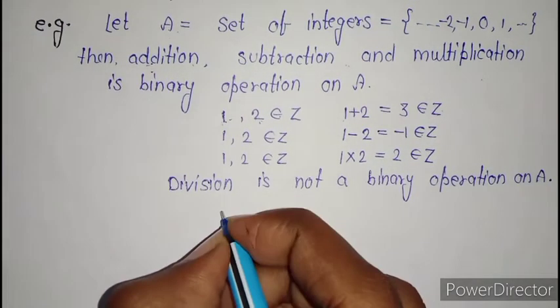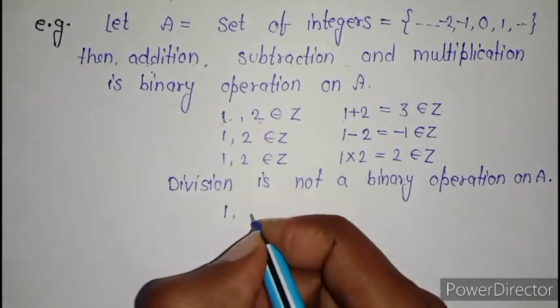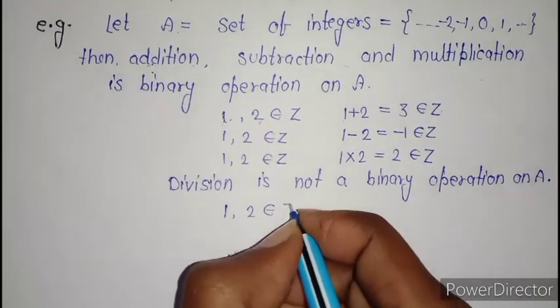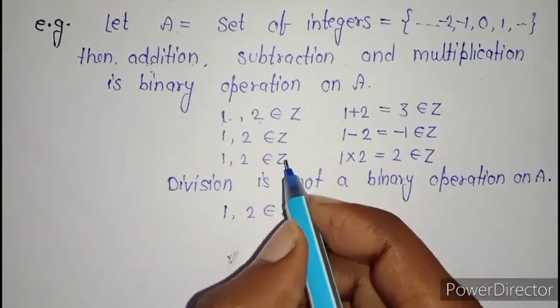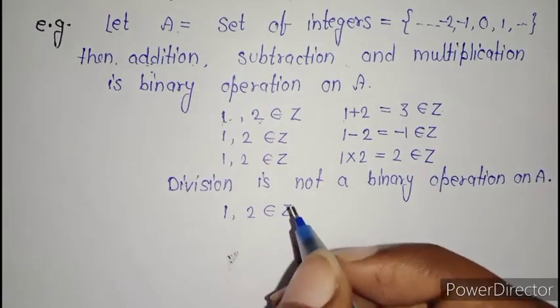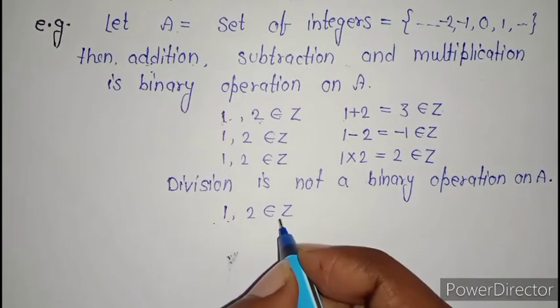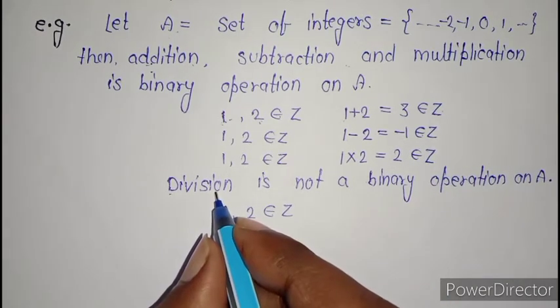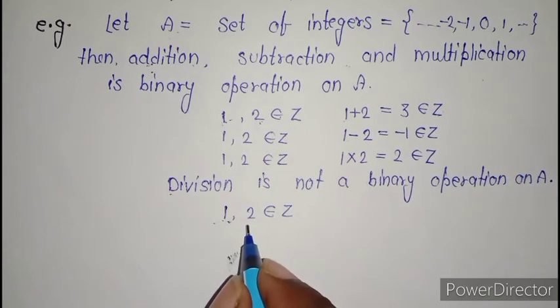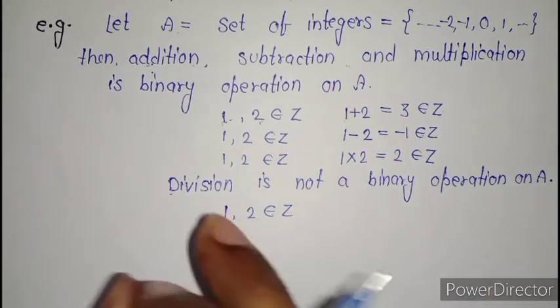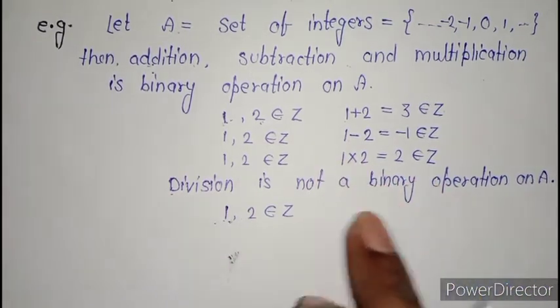Suppose I am taking 1, 2 again. 1, 2 belongs to Z. This Z is nothing but the set of integers. This is represented by Z, so I am writing it as Z. So you just understand, this is 1, 2. If division is the binary operation, then if we apply the binary operation over these two elements, the element that comes should also be an integer.